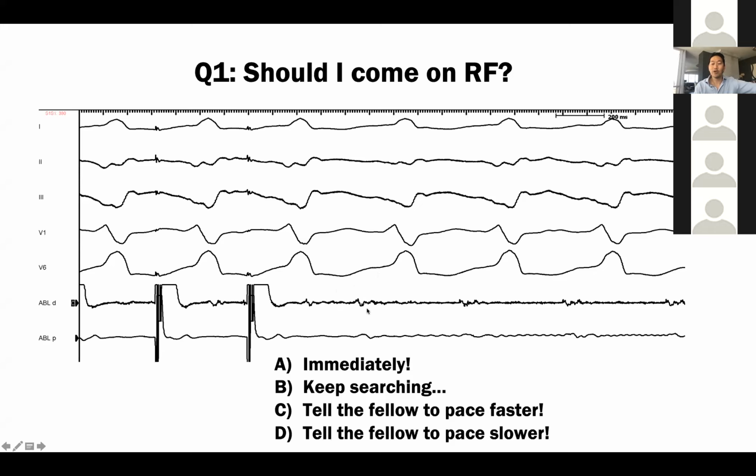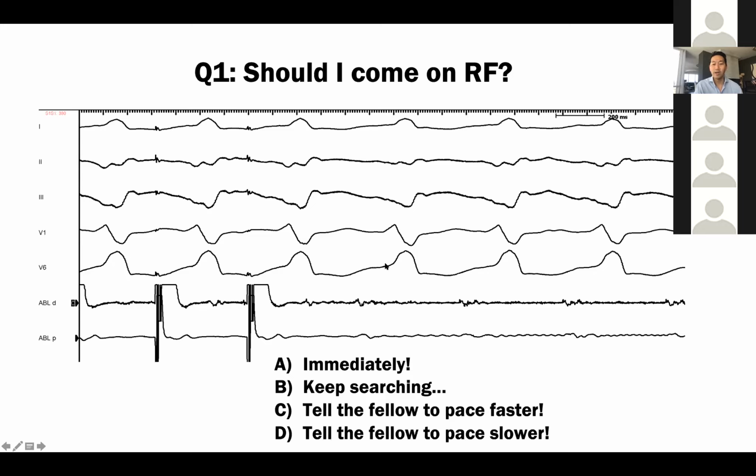So obviously you have to look at your stim to QRS as a quick marker to tell which electrogram you're capturing.